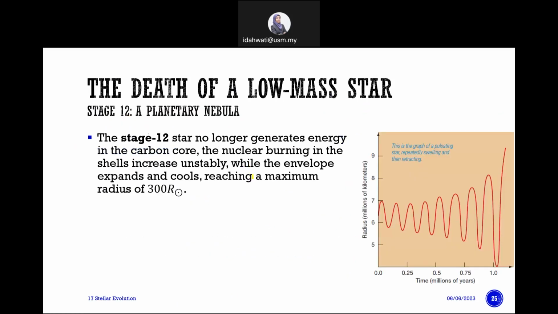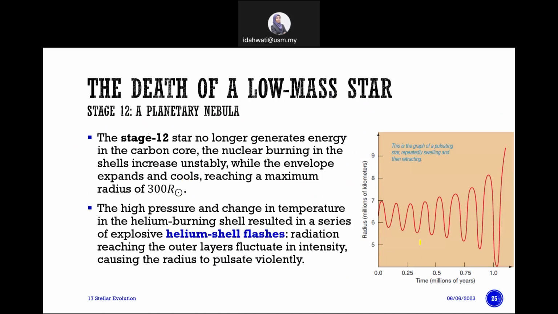The next stage will be the planetary nebula. The star no longer generates energy in the carbon core. The nuclear burning in the shell increases unstably, while the envelope expands and cools, reaching a maximum radius of 300. Here I am introducing, I think, not a new term.